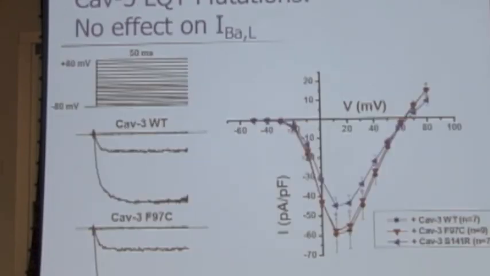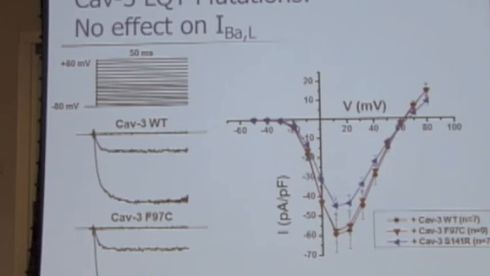And what we initially found when we used barium as the charge carrier is we didn't see much of an effect. And nothing was statistically different. If anything, the S141R showed smaller currents on average, which seemed to be inconsistent with the long QT phenotype. It didn't quite reach statistical significance, and the student in the lab who was studying this got discouraged and put it on the back shelf for quite a while.